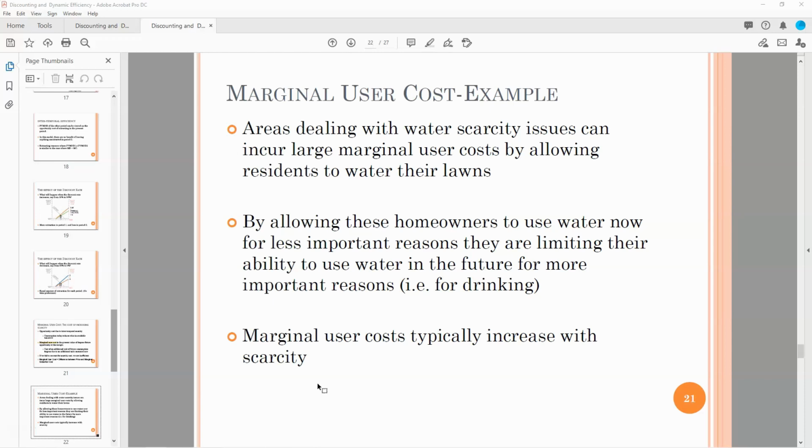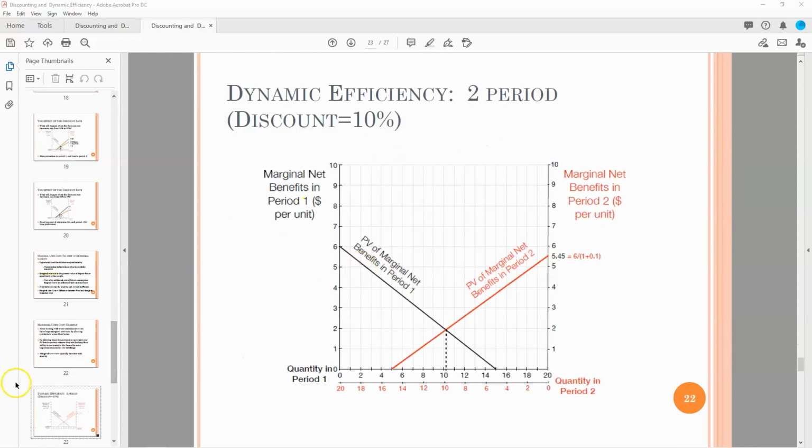So marginal user cost typically increases with scarcity. If the resource is more scarce, then the marginal user cost for that kind of resource would be higher.